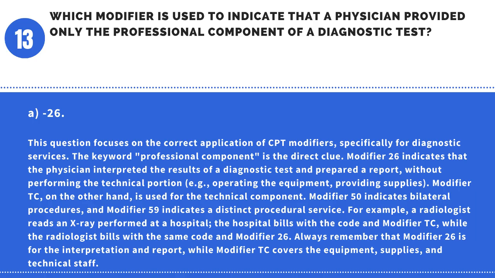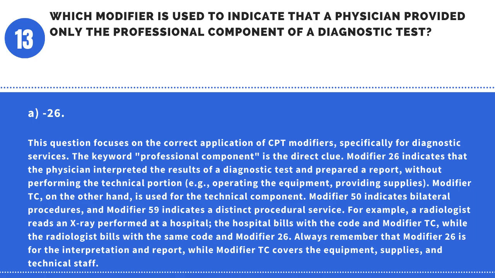The keyword professional component is the direct clue. Modifier 26 indicates that the physician interpreted the results of a diagnostic test and prepared a report, without performing the technical portion, e.g., operating the equipment, providing supplies. Modifier TC, on the other hand, is used for the technical component.